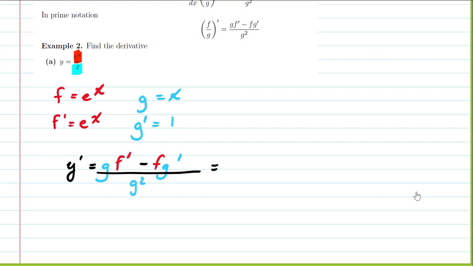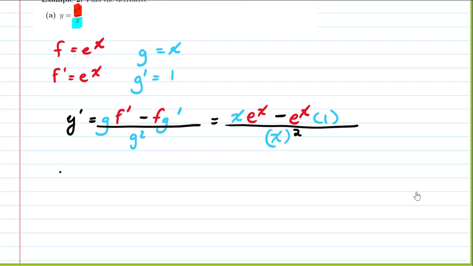So that's going to give us x times the derivative of f, f prime, which is e to the x, take away f, so we get e to the x times g prime, which is going to be 1, all divided by g squared, so that's going to be x quantity squared.